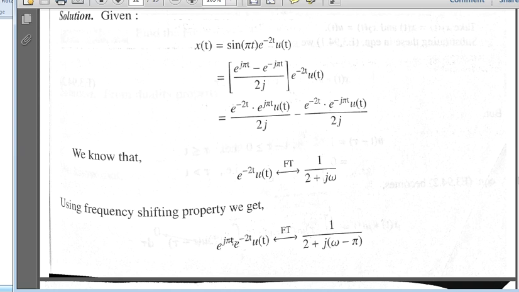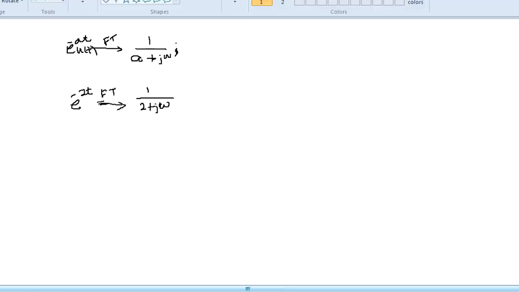So e raised to j pi t into e raised to minus 2t becomes e raised to j pi t into e raised to minus 2t into u of t. So the Fourier transform of this signal, we need to write the Fourier transform of this e raised to minus 2t into u of t signal only.